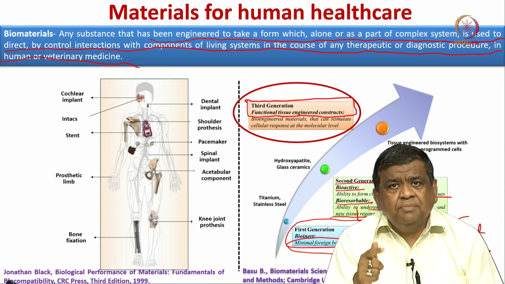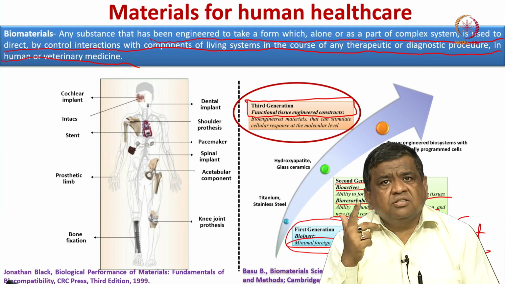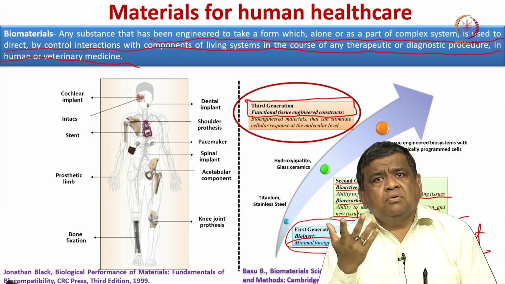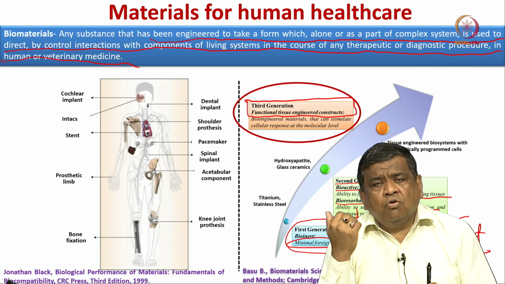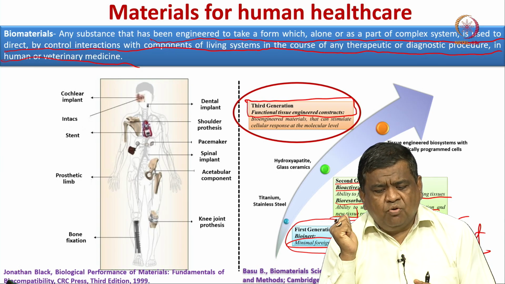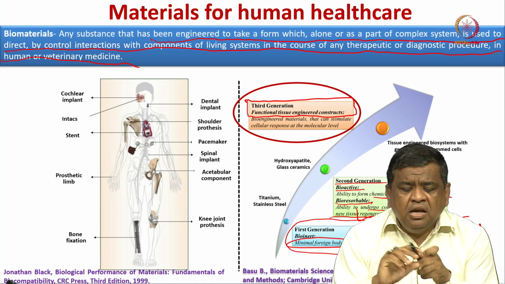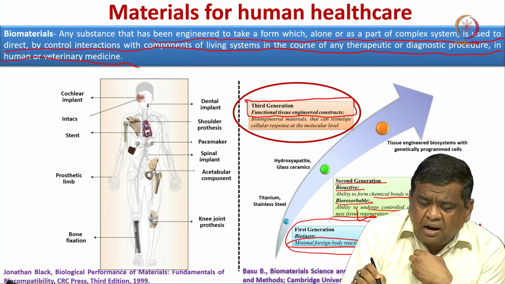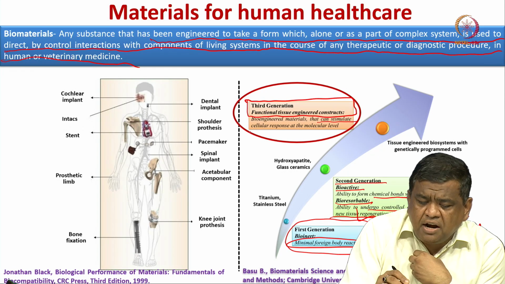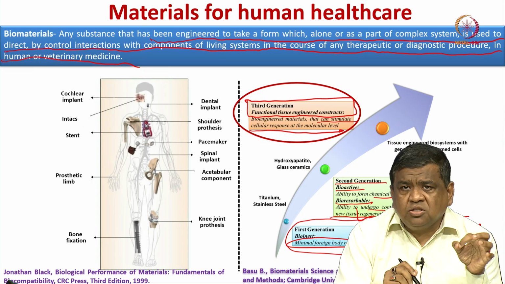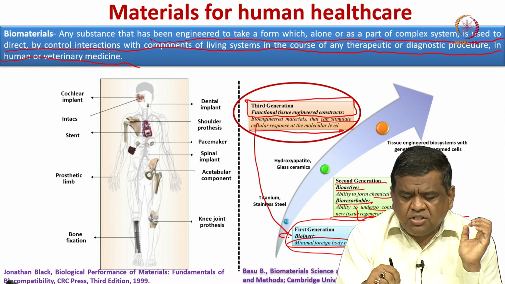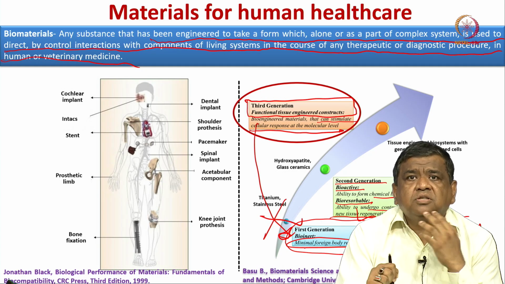One is the cells, second one is your materials or scaffolds, and third one is bioactive molecules or biomacromolecules like growth factors and different peptides and proteins and so on that can stimulate. So, tissue engineering actually allowed people to stimulate cellular response at the molecular level, which was not possible using that first generation material.